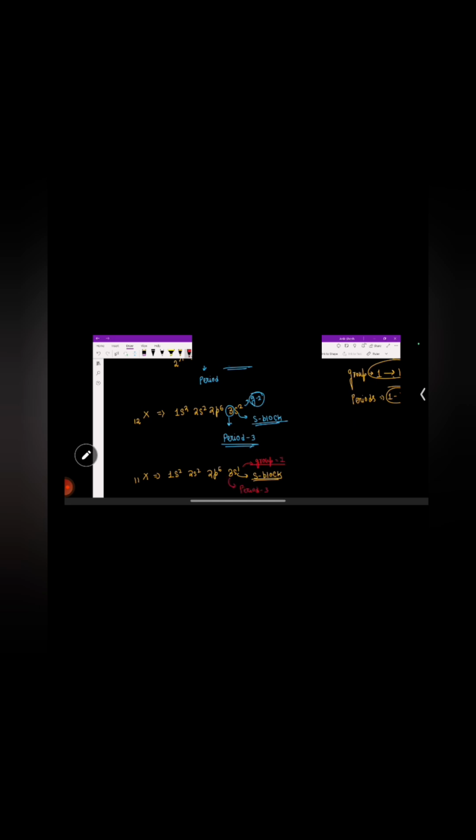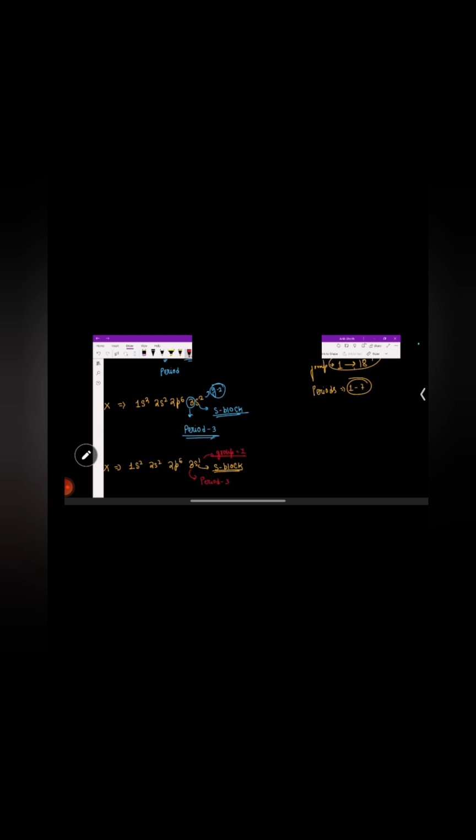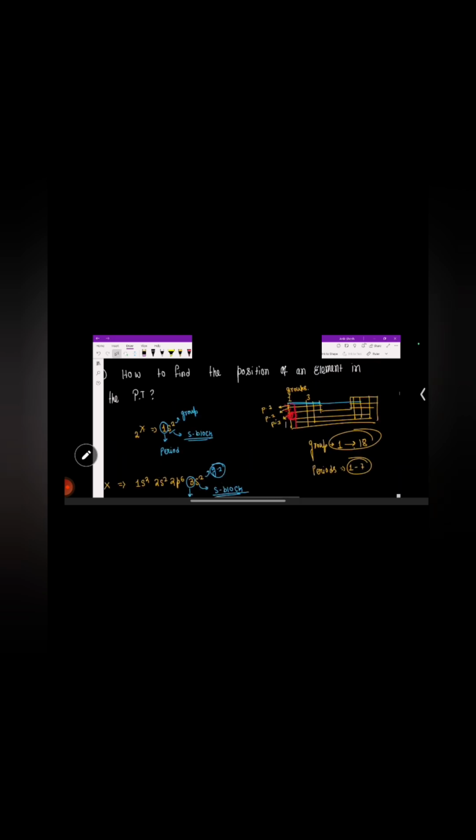So I will find it in the third period, group number 1. This is where I'm going to find this element. It's already in the s block. If you check that part, you'll see that it is sodium. Sodium is present in that part of the periodic table only.